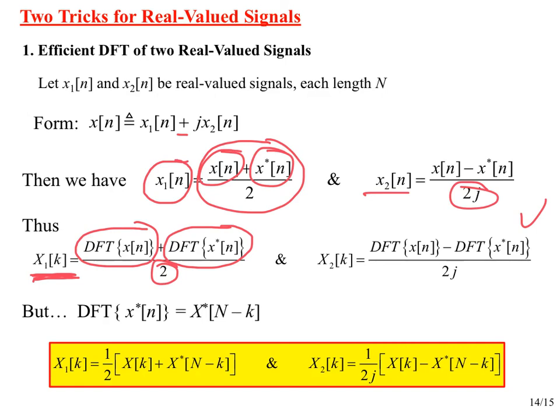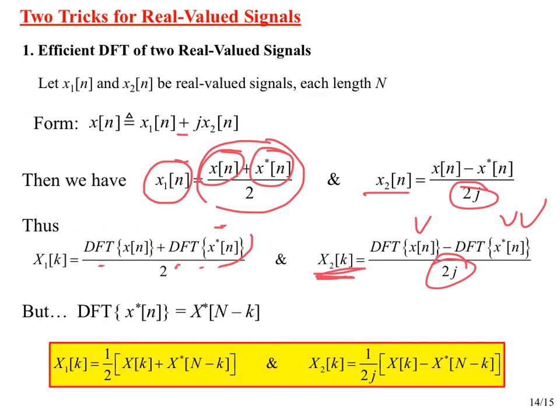Same thing over here. I can get the DFT of x2 by taking the DFT of x, the DFT of x conjugate, subtracting them and dividing by 2j. Okay? Still, though, it looks like we have to do two different DFTs, the DFT of x and the DFT of x conjugate.